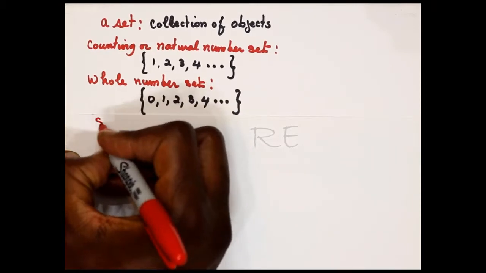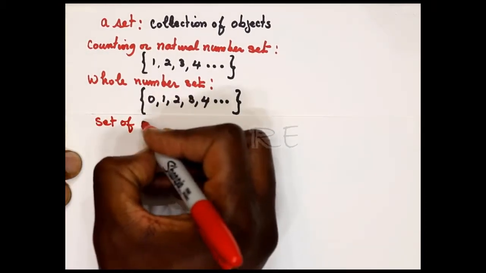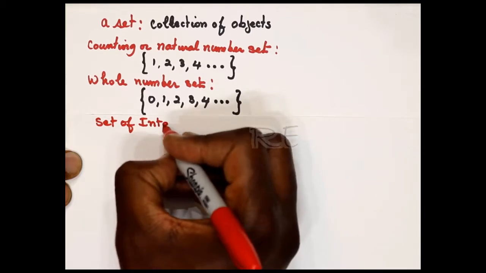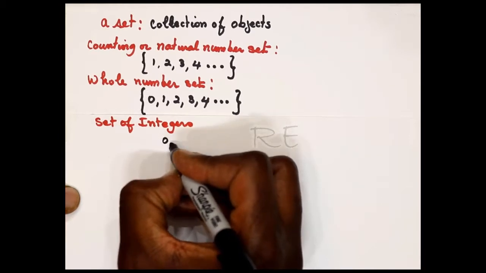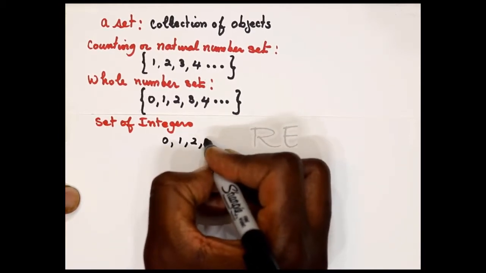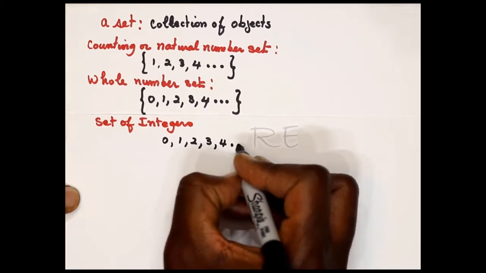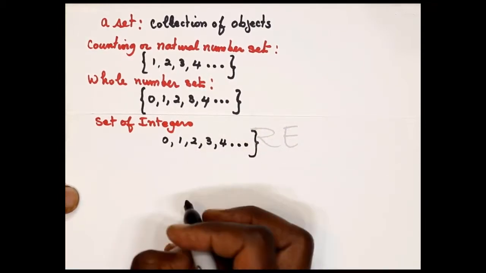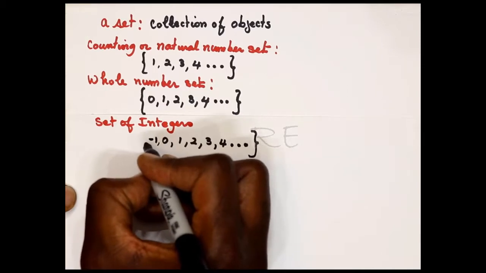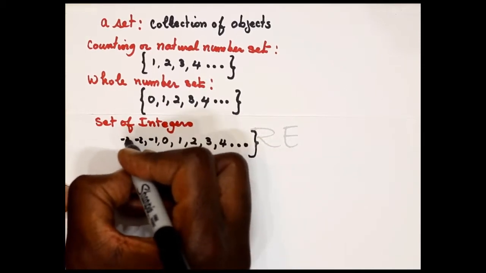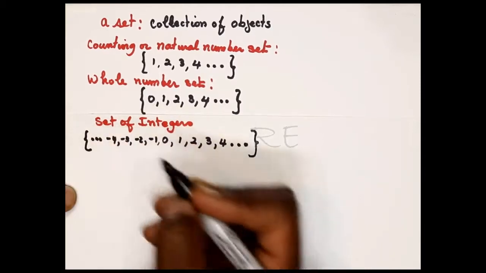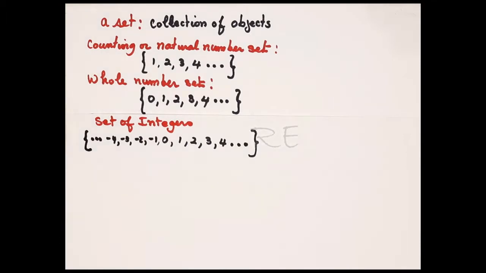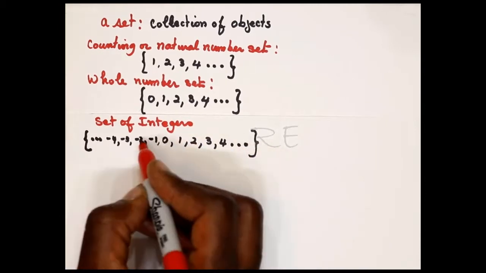Whole numbers, positive and negative and 0, are called integers. 0 is the middle of the set, and we go 1, 2, 3, 4, and it goes on forever on the right side. -1, -2, -3, -4, ellipses, it goes to infinity on the left side, which means it goes on forever.